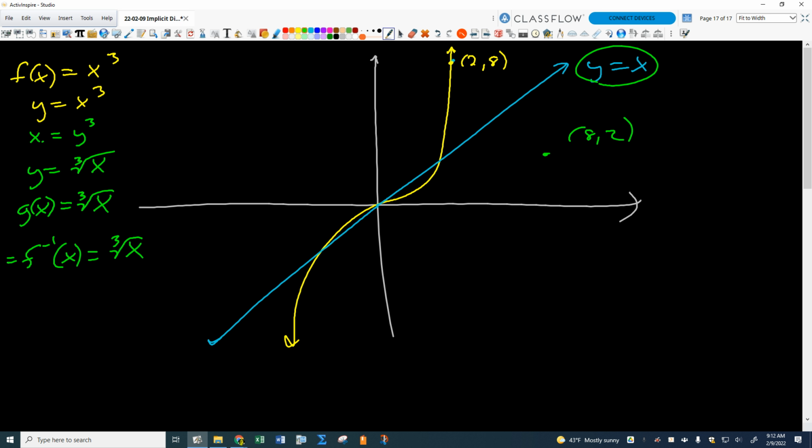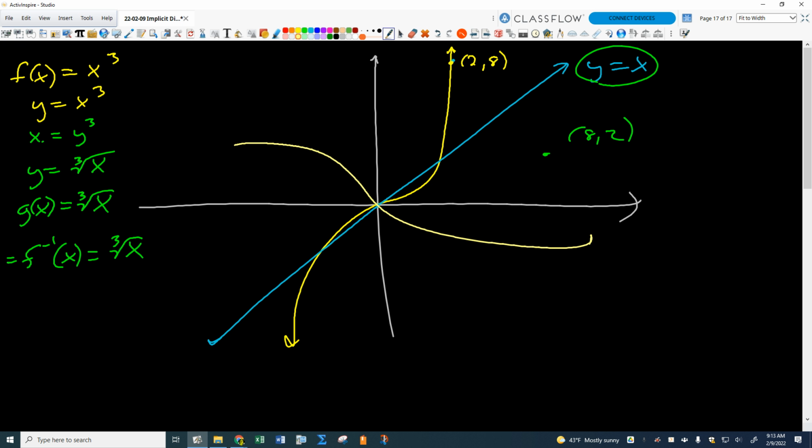You can break this into 2 simple steps. If you want to graph an inverse, you're going to rotate the graph 90 degrees counterclockwise about the origin. So if I did that to my yellow graph, I would get something like this, wouldn't I?